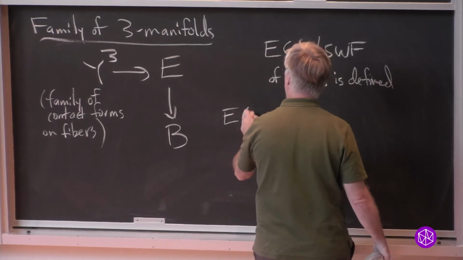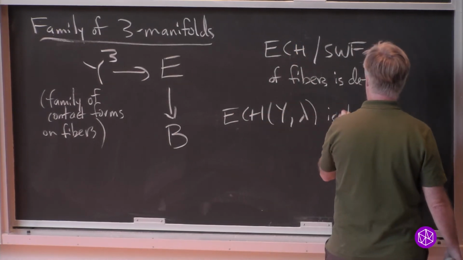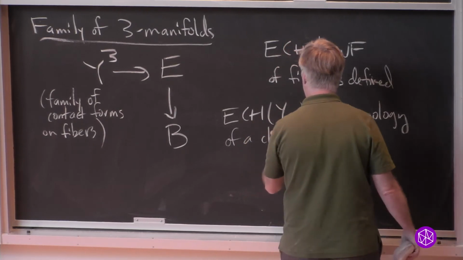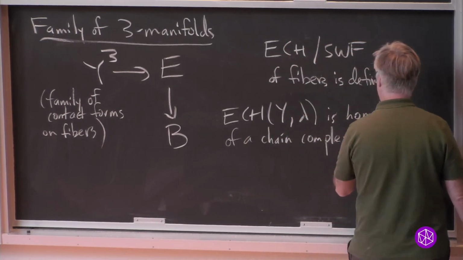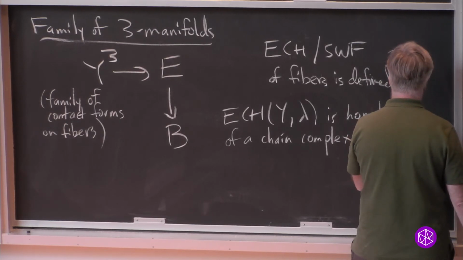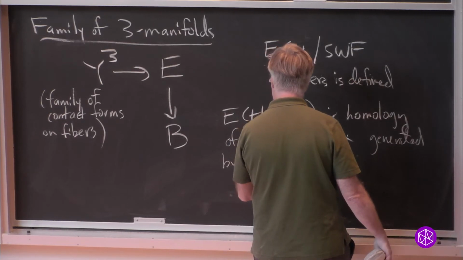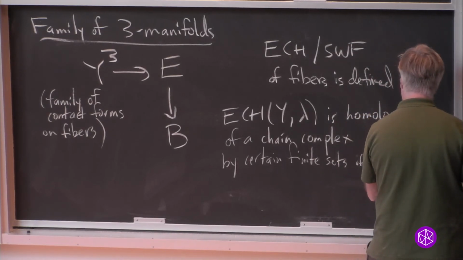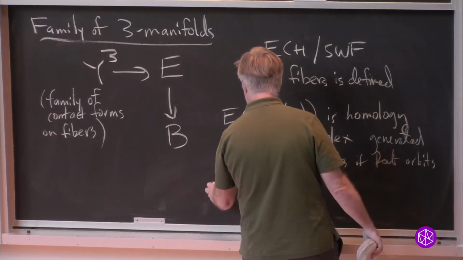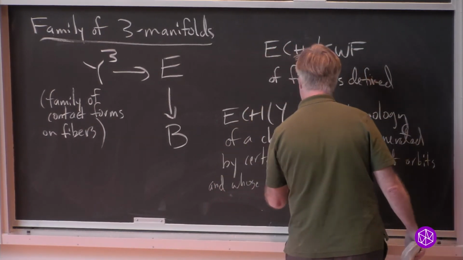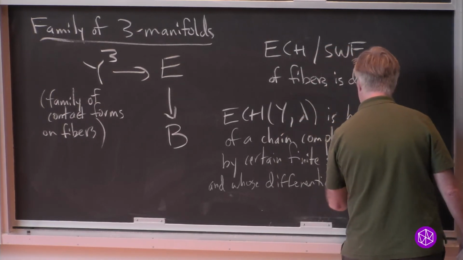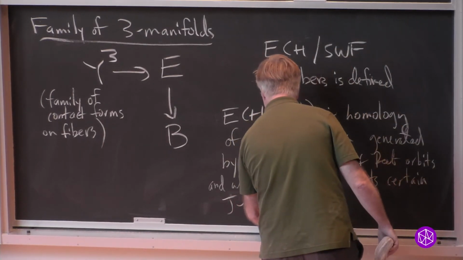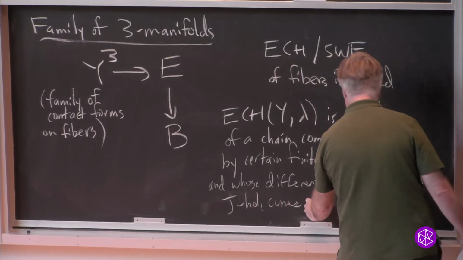So ECH of a three-manifold with a contact form is the homology of the chain complex, which is generated by certain finite sets of Reeb orbits, and whose differential counts certain J-holomorphic curves, which are mostly embedded in R cross Y.